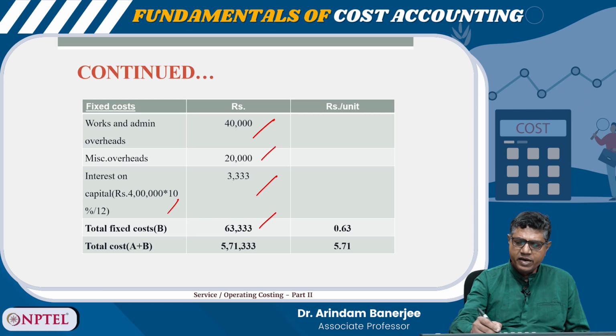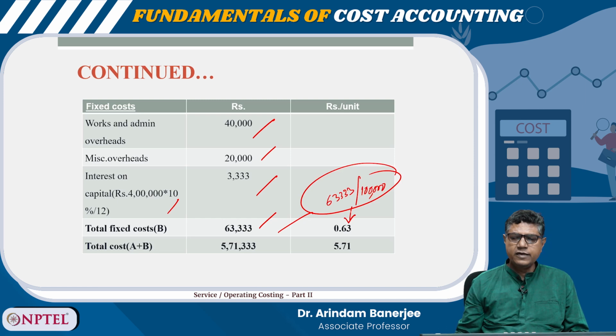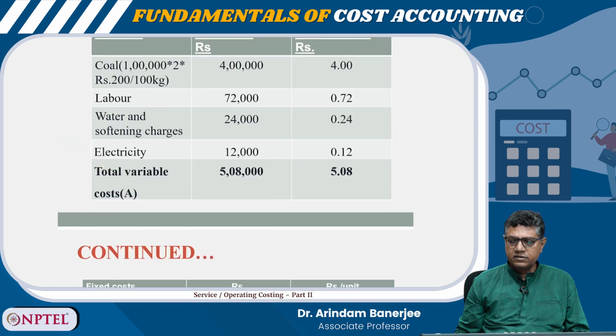If I divide it by 1 lakh, rupees per unit is 0.63. So, total cost, if I add, is 5.71.